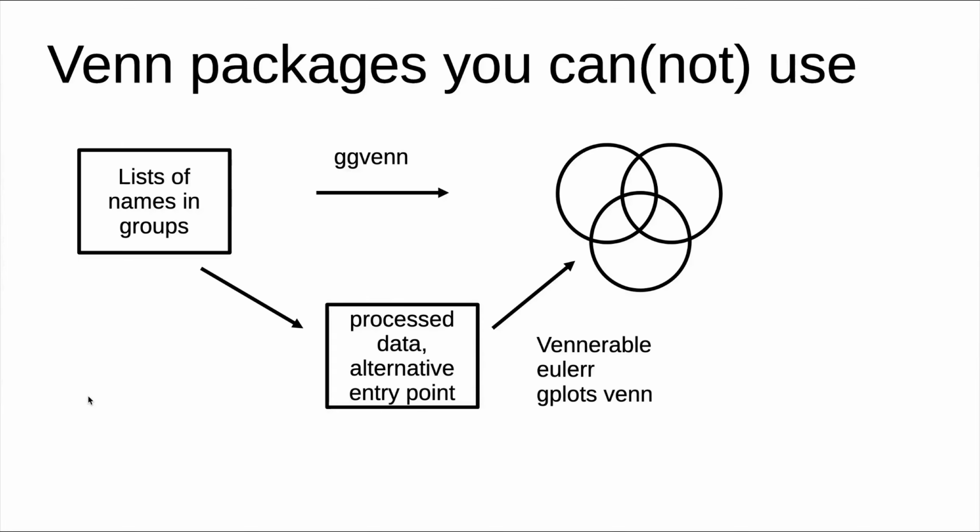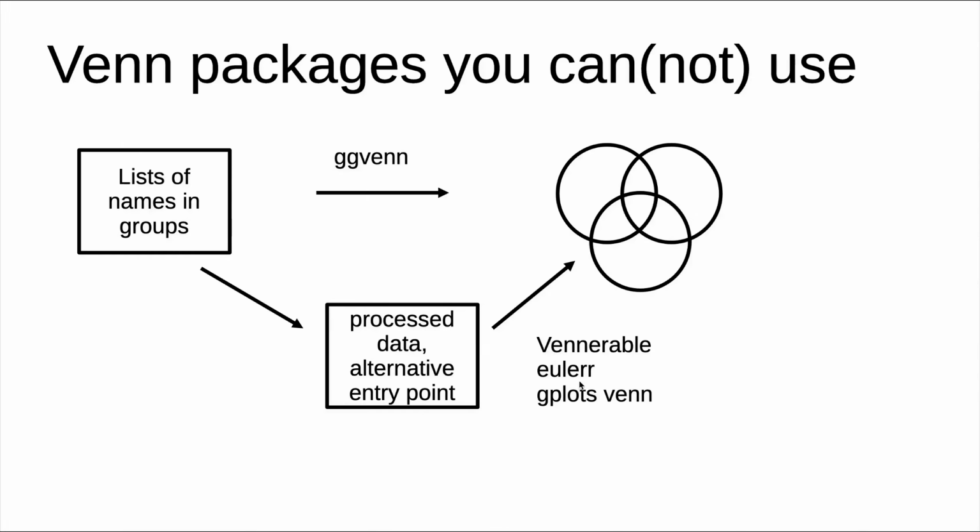One category of Venns does everything in one step, including calculations and the figure, like ggvenn, for instance. You cannot use those. And another kind of Venn packages leave some intermediate calculations or accept already pre-calculated data. Those Venns you can try to attach.